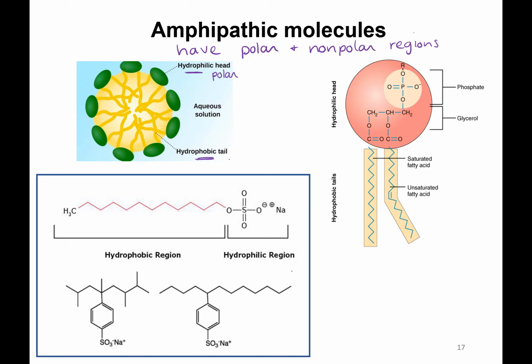And a hydrophobic tail. This is the non-polar part. And what I want you to see is that non-polar does not like water. It moves away from water because it's hydrophobic. The hydrophilic, or the polar heads, like. Aqueous means water.